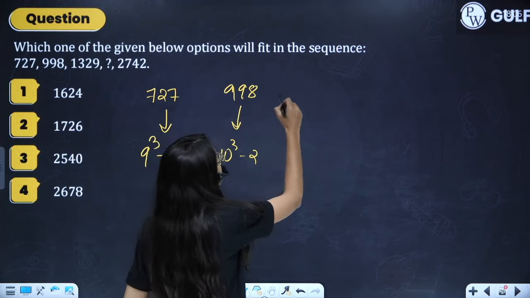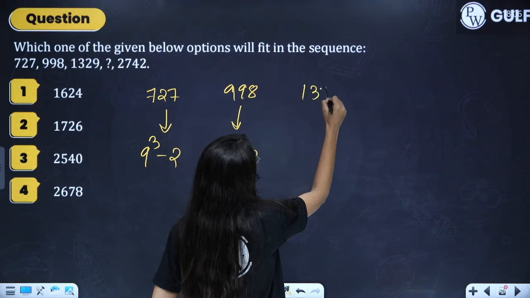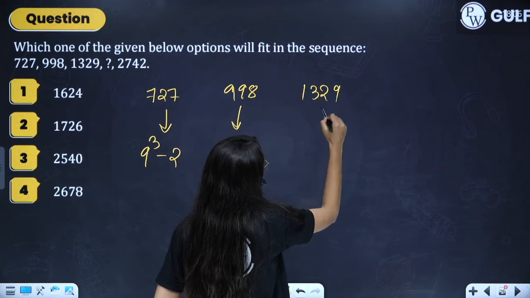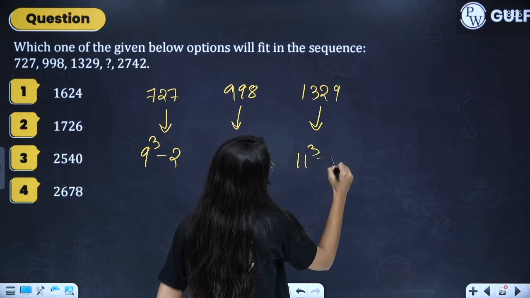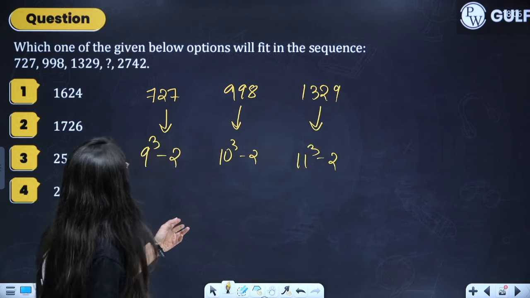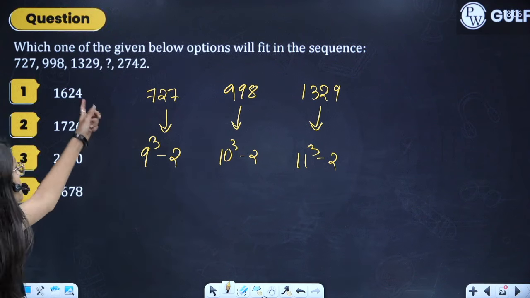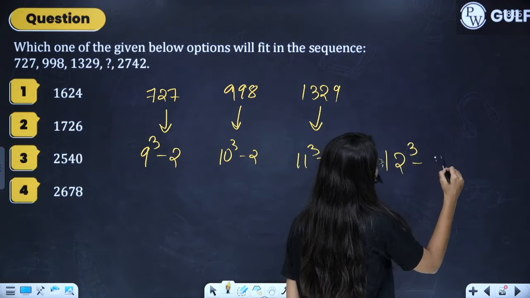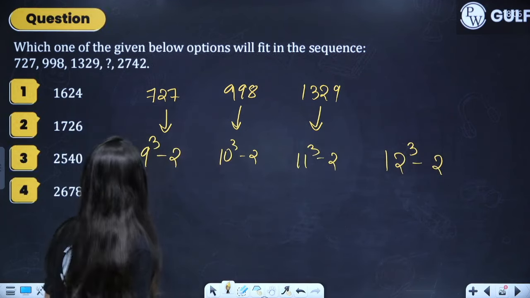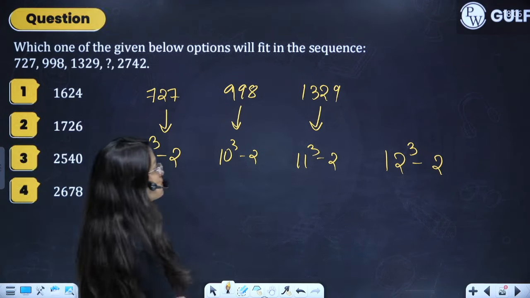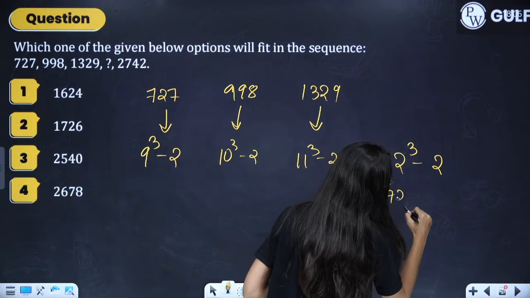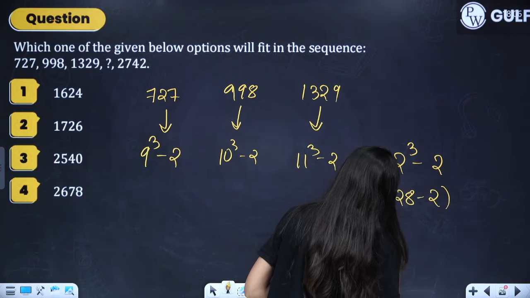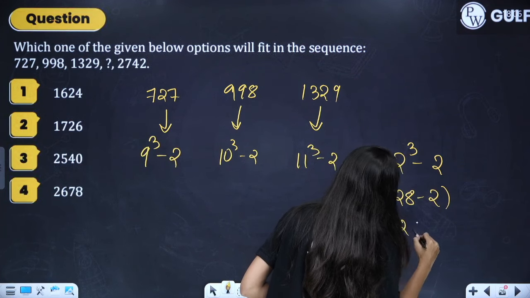Then 1329 could be obtained by 11 cube minus 2. So similarly, the next number, the question mark itself, we may assume would be 12 cube minus 2, that is 1728 minus 2, which is 1726.